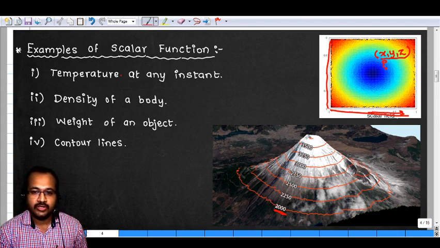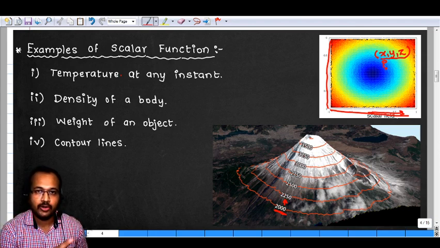So these are the points, and they are connected by lines. Again, if you increase your height, then these are the points on that hilly region which are at a distance of 2250 from the surface of the sea. And likewise, if we connect all the points, we get the contour lines.